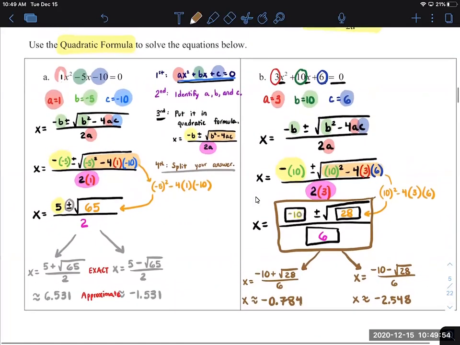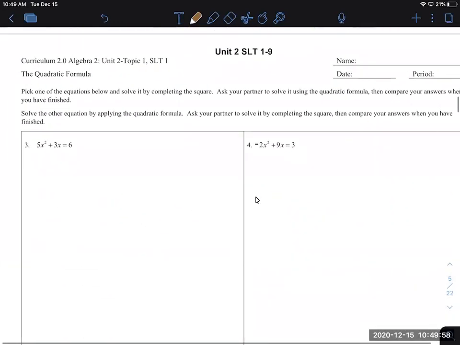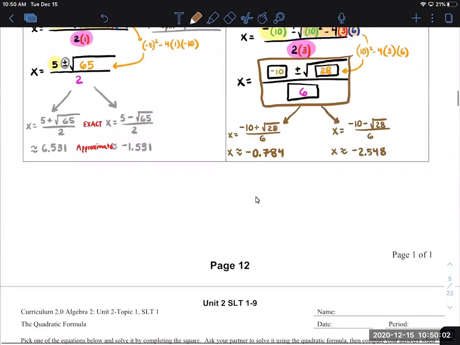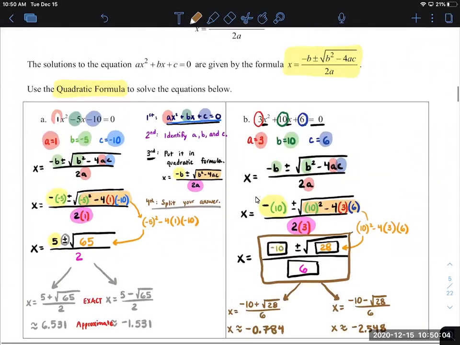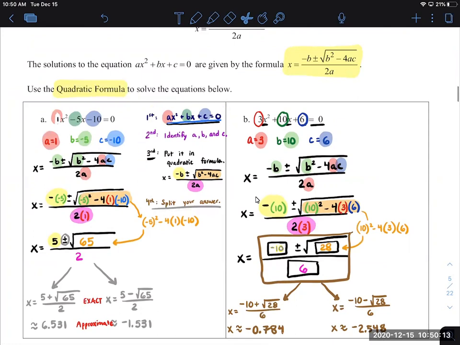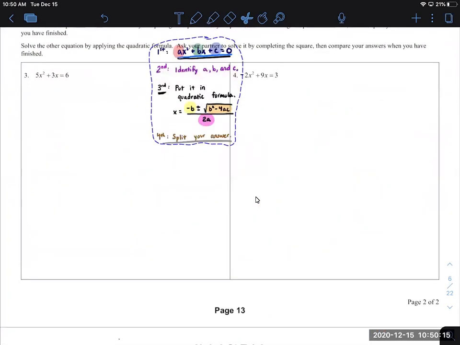Let's try 2 more problems. Let me see if I can copy and paste our steps here. So we have our steps. We want to copy those to our next page. That way we can see them.